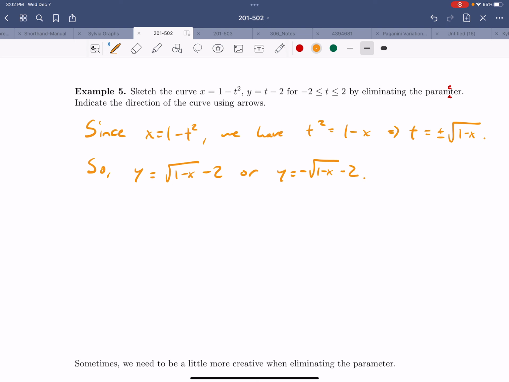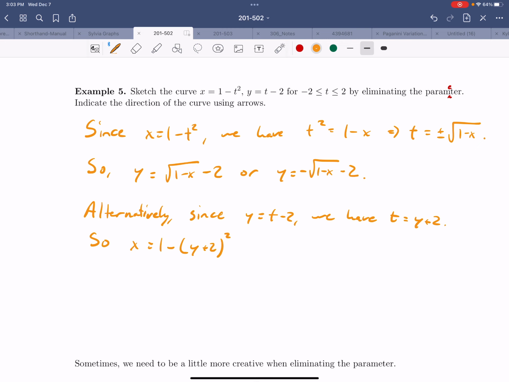The other way to do it is to write x as a function of y, right? So I'll say, alternatively, since y equals t minus 2, we have t equals y plus 2, right? So we have that x equals 1 minus the quantity y plus 2 squared, right?